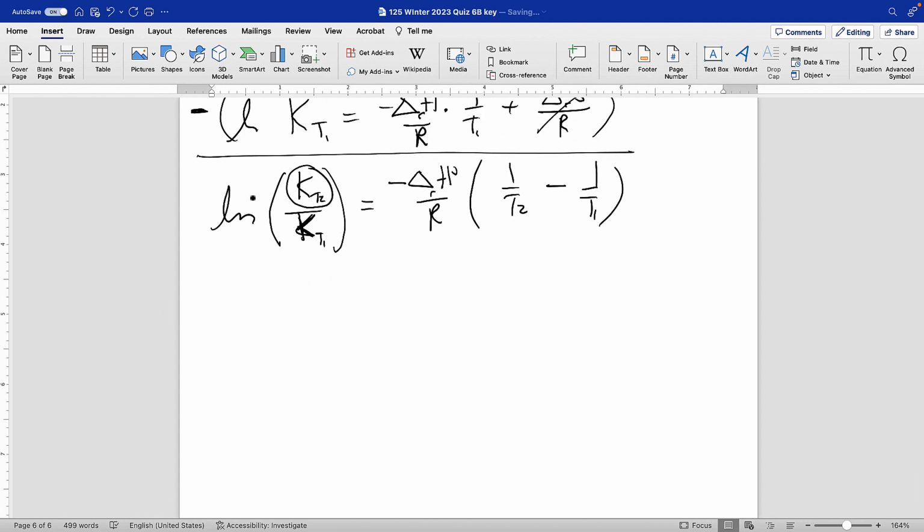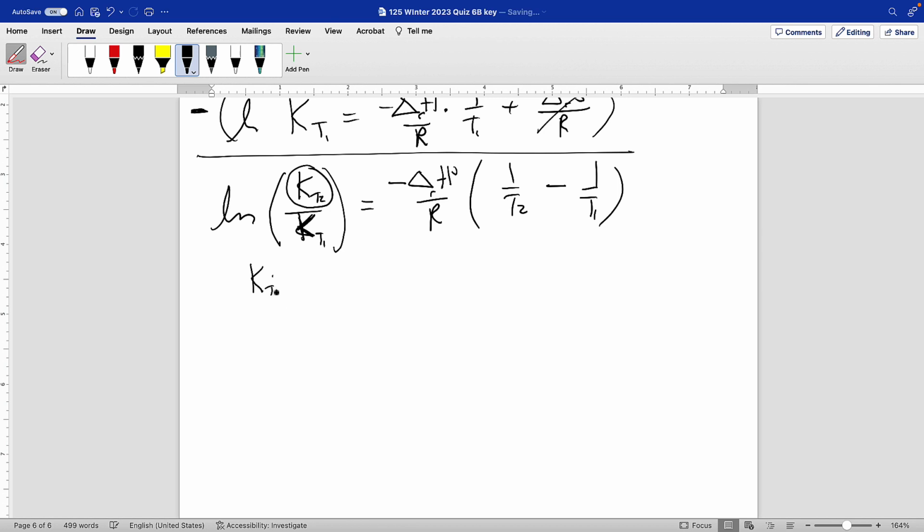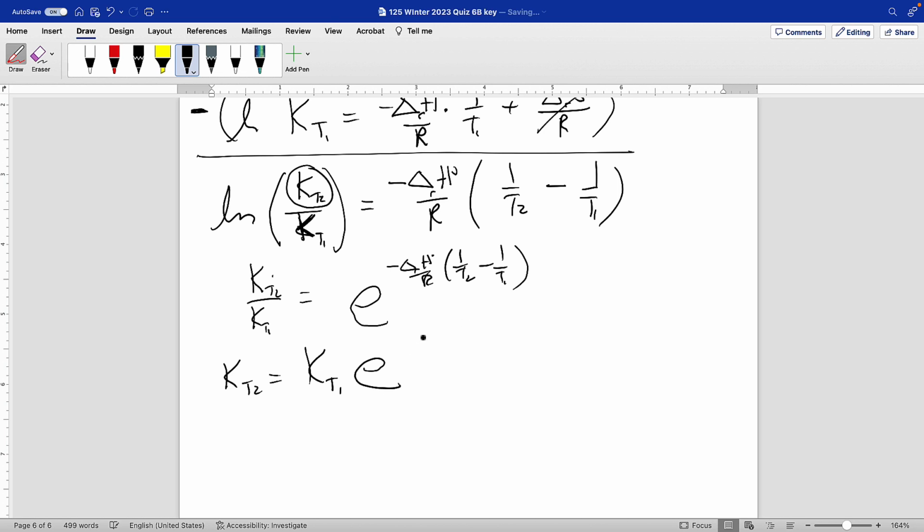So we're going to take the exponential of both sides. So we've got k at t2 over k at t1 is equal to the exponential of this whole thing here. Okay, and then we'll just multiply k at t1 to both sides. So k at t2 is equal to our original k times this exponential.